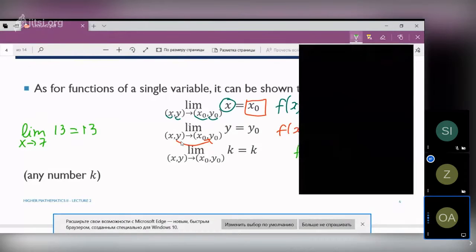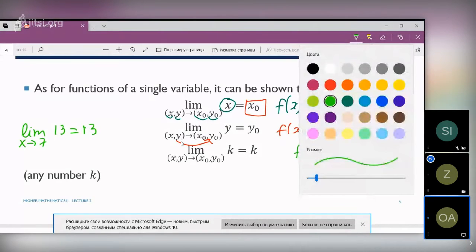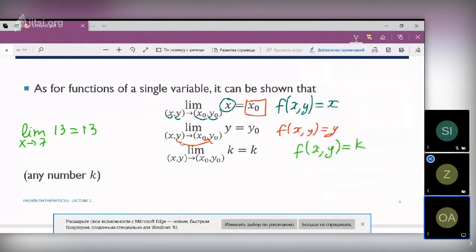For example, I can write one more example. Limit z tends to z0. The function is 13x. What is the answer? 13x.